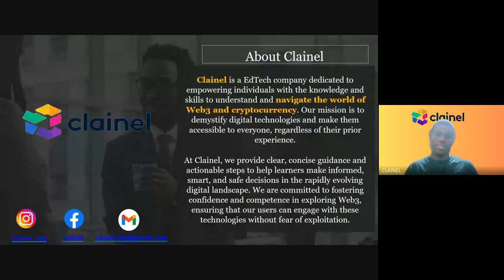So Kleinial is here to simplify your process. Probably you are looking to start your journey in cryptocurrency, Web3 or forex. We want to make sure your journey is smooth and effective, that you get the whole knowledge you need to attack the market, and that you're able to create passive income, because the end goal of everything is to create passive income after learning everything you have learned.